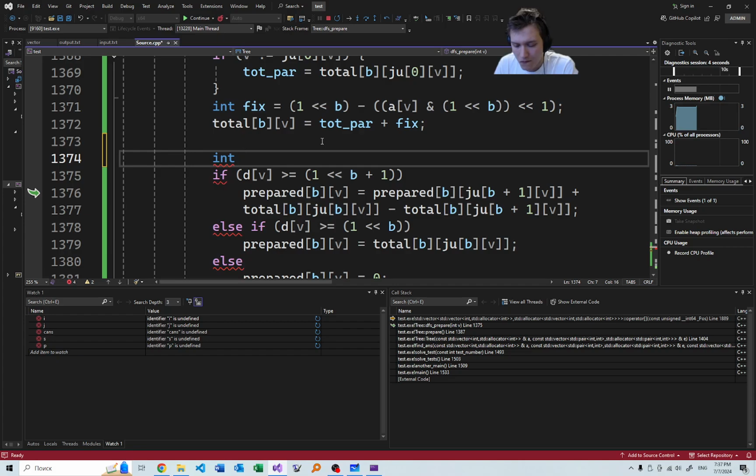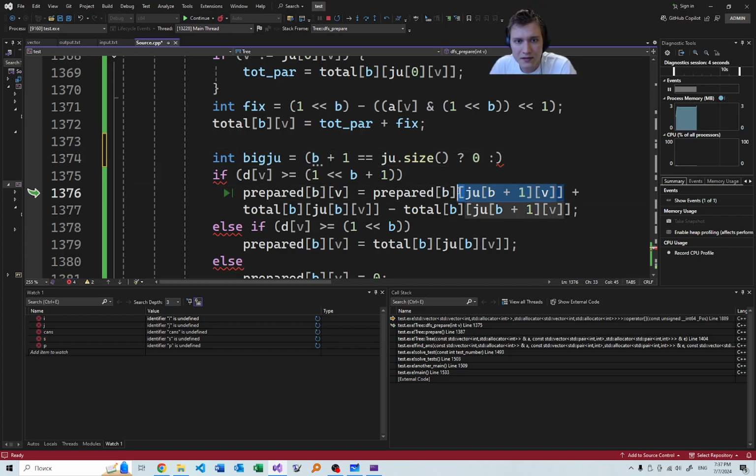Okay. Big jump. Let's calculate it. So if b plus 1 equals jump dot size, then it's simply 0. Else it's this thing.